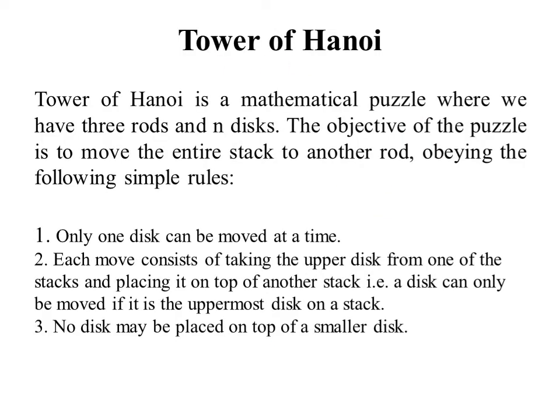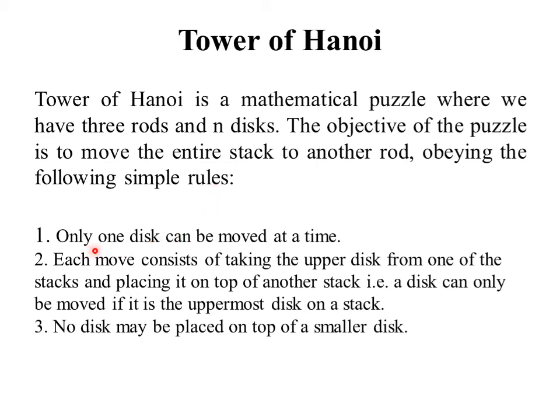Tower of Hanoi. Tower of Hanoi is a mathematical puzzle where we have 3 rods and n number of discs. The objective of the puzzle is to move the entire stack to another rod, obeying the following simple rules. Tower of Hanoi is an example of recursion. There are 3 simple rules.